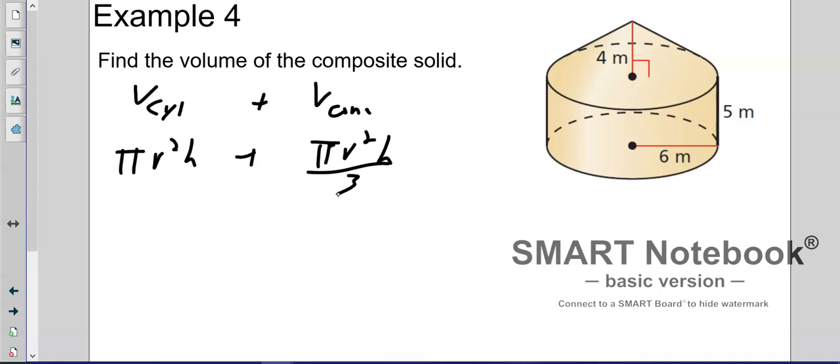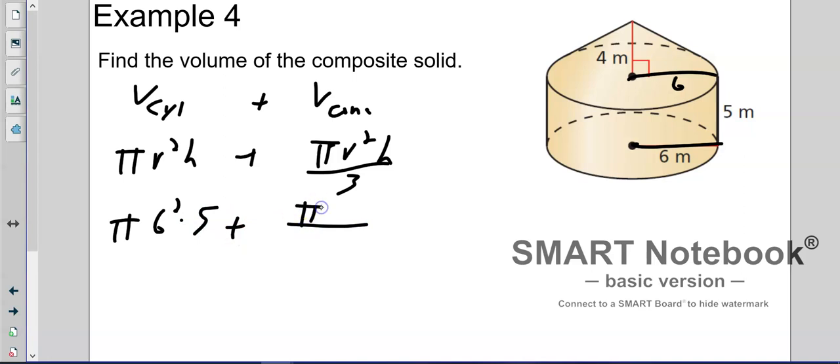So my radius is 6 on that and on this. Okay? So it's pi 6 squared. Now what's the height on the cylinder? It's 5. Plus pi r squared, again 6 squared, but this time the height is 4 divided by 3.